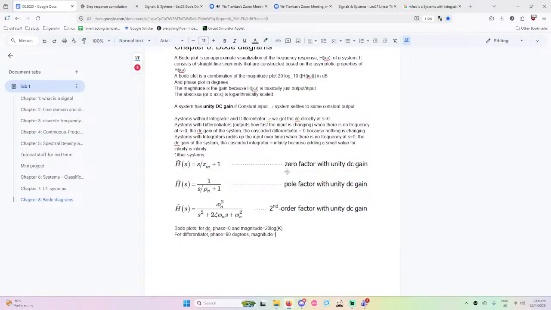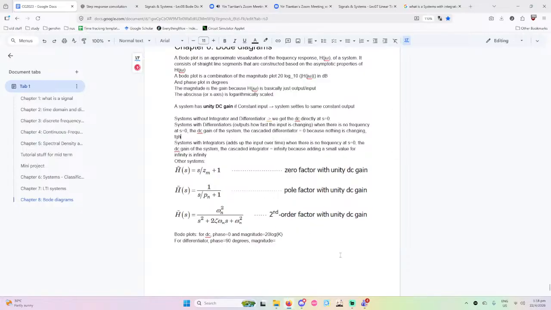As for the phase of it, what is the phase of H tilde j omega here? 90 degrees. We can see that the phase is independent of the frequency. It is a constant. So in the phase plot, the phase is always equal to 90 degrees here.